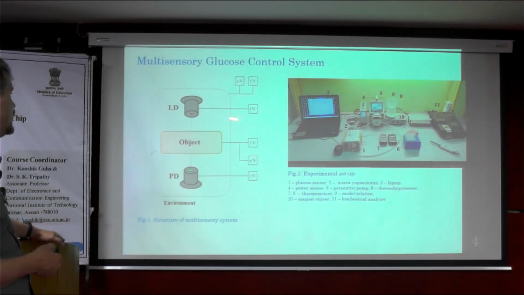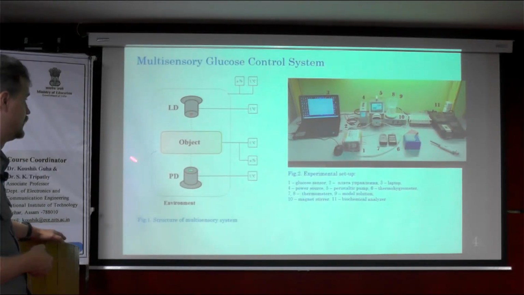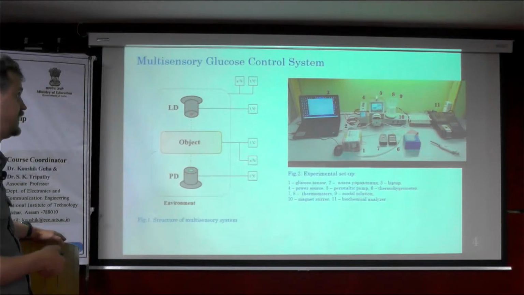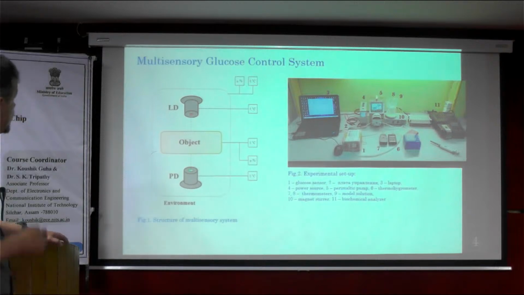We have the laser diodes, and we have the photo detector sensor, and we have the object. In our case, the biological object will be the patient's blood, or if we talk about the proximal convoluted tubule imitation system, we deal with the ultrafiltrate, and we can actually monitor the glucose concentration in the filtrate itself.